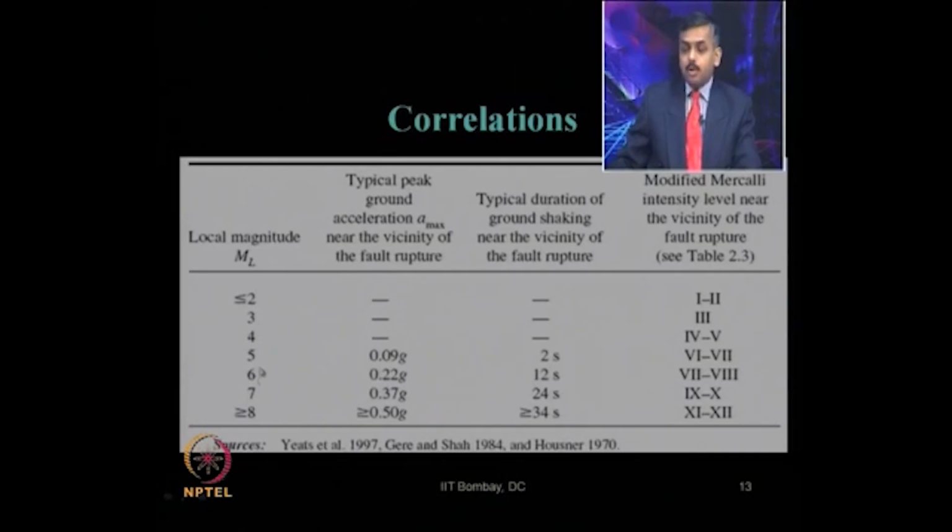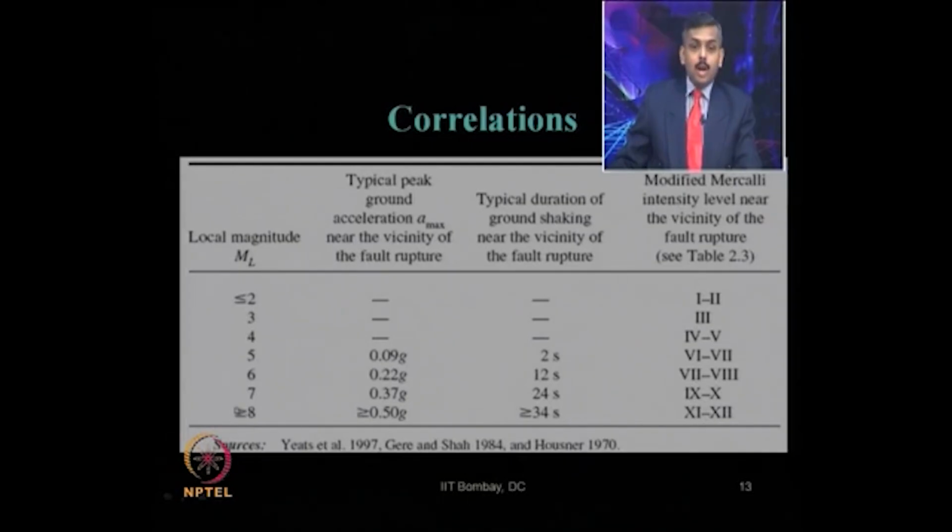Then local magnitude 6 corresponds to a typical Amax value of about 0.2 or 0.22 g, typical duration is 12 seconds, and the intensity scale can be 7 to 8. Then local magnitude 7 corresponds to a typical Amax of about 0.37 g, duration about 24 seconds, and MMI scale about 9 to 10.